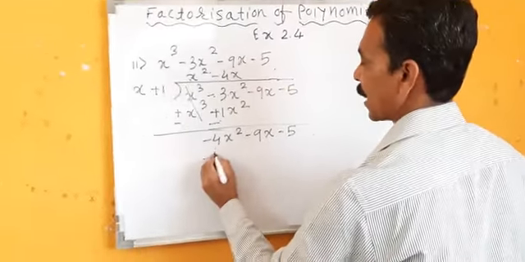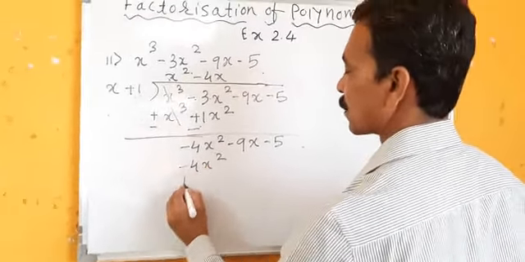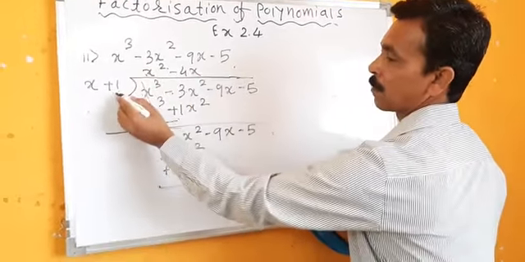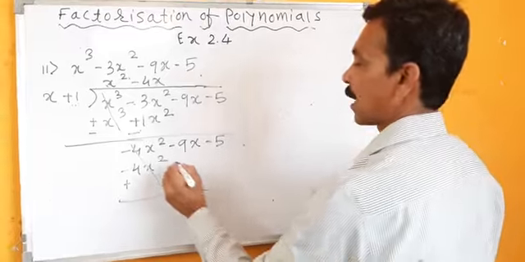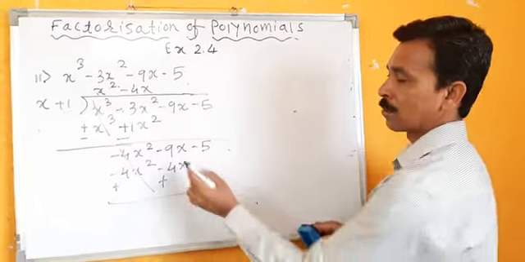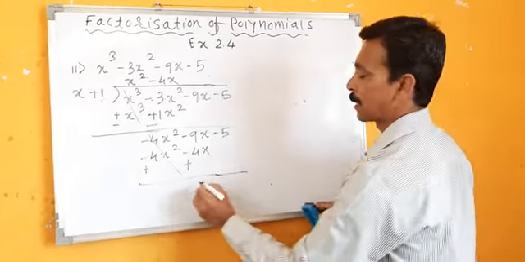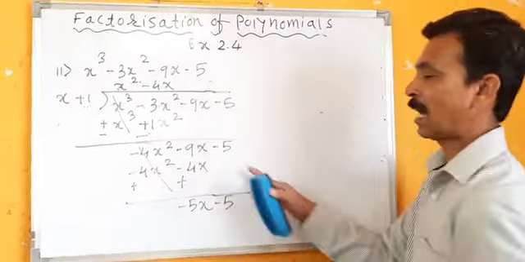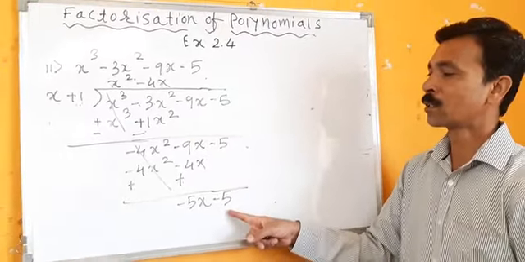So it will come here minus 4x square and this becomes plus. Minus 4x multiplied with plus 1. Minus 4x. It becomes plus. Minus 9 and this is plus 4. It is minus 5x. This minus 5 will come as it is because we have not used it.